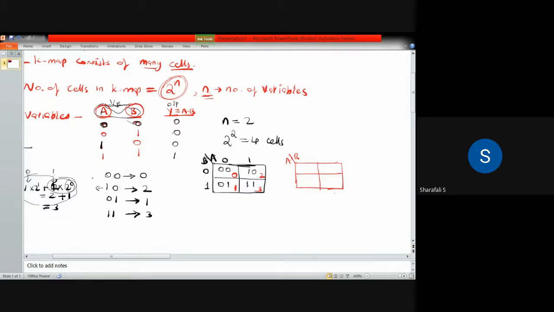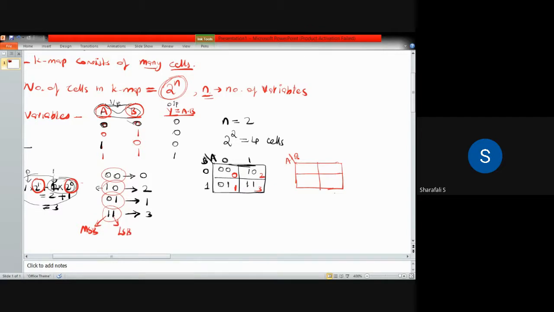This side is the most significant bit because it is multiplied with 2 raised to 1. This side is the least significant bit because it is multiplied with 2 raised to 0. So 2 raised to 0 means 1, 2 raised to 1 is 2. So this is the most significant bit, which gives the highest value, and this one is least significant.